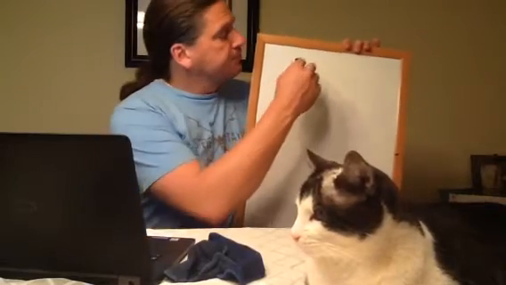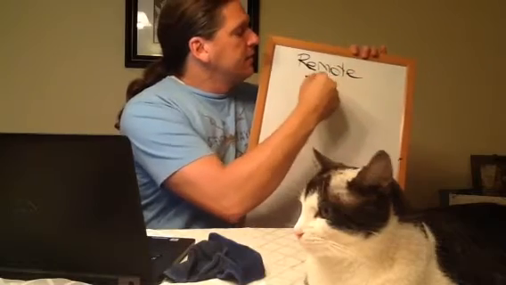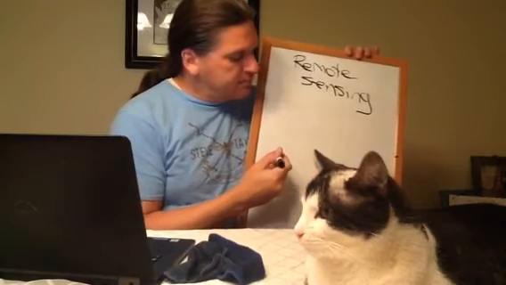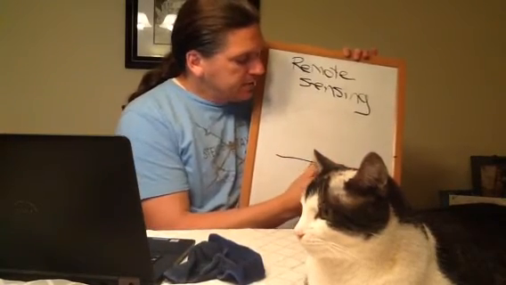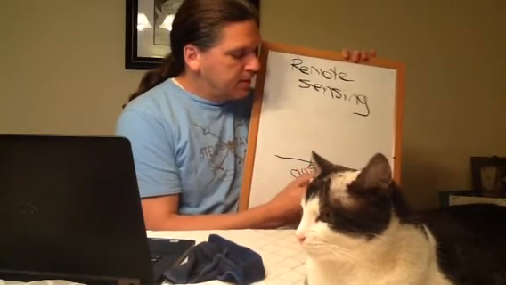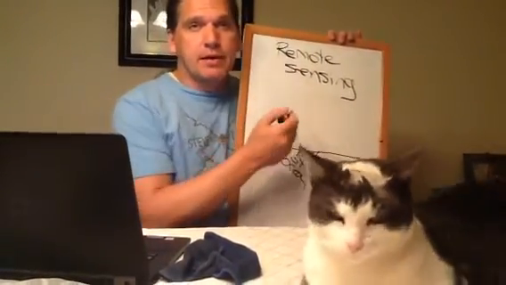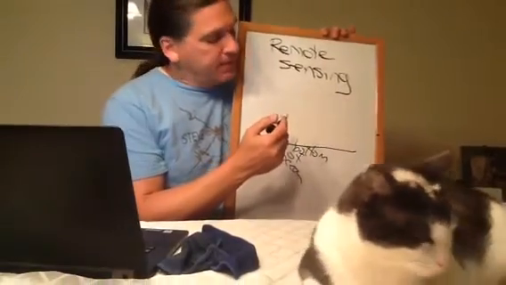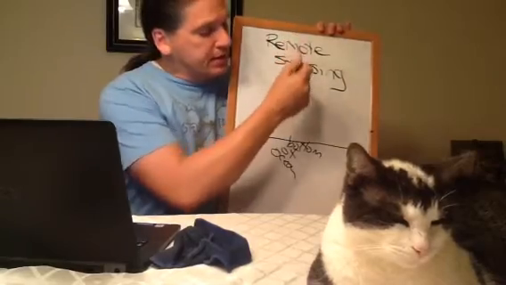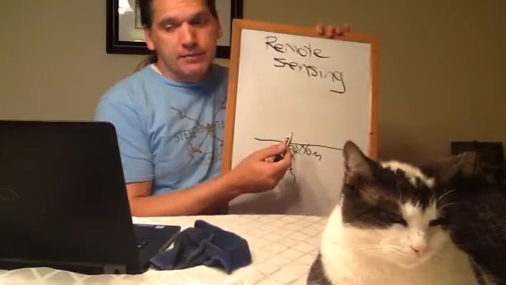Remote sensing. Remote just means not near the area. Remote sensing is the process that if you wanted to map out the bottom of the ocean, if this is the bottom of the ocean, if you wanted to map that out without having to go all the way down there, which is pretty dangerous, then you can use things like sonar, LiDAR, satellite imagery to actually map out what the bottom of the ocean looks like without having to go down there.